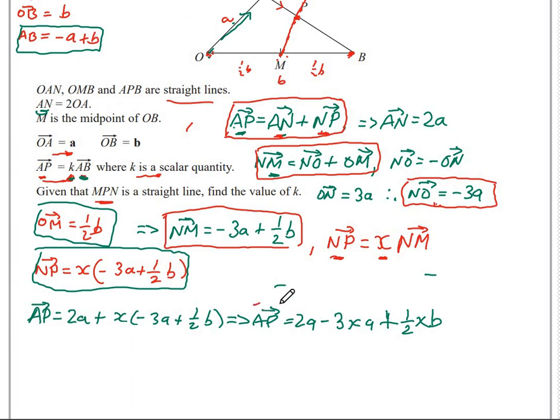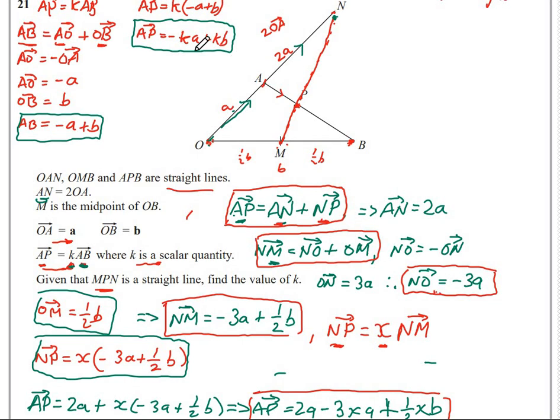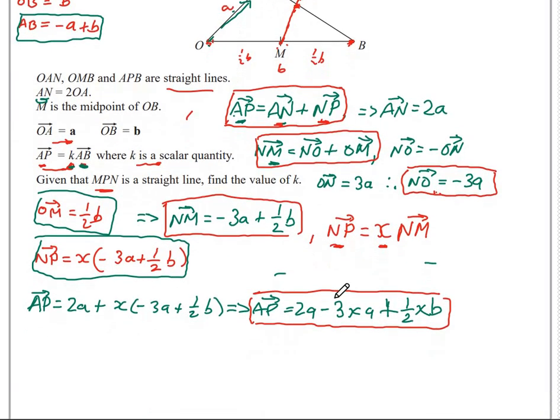Now we have two expressions for AP. If AP equals 2a minus 3xa plus half xb, and AP also equals minus ka plus kb, what do you think we should do? We should make them equal each other.